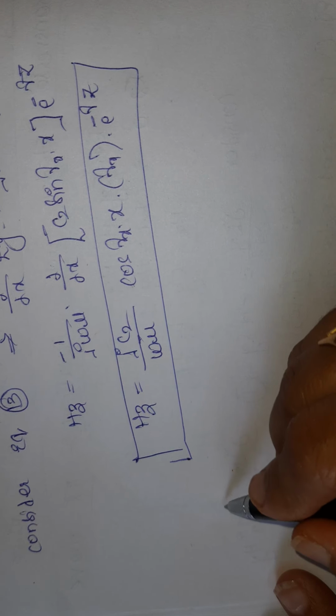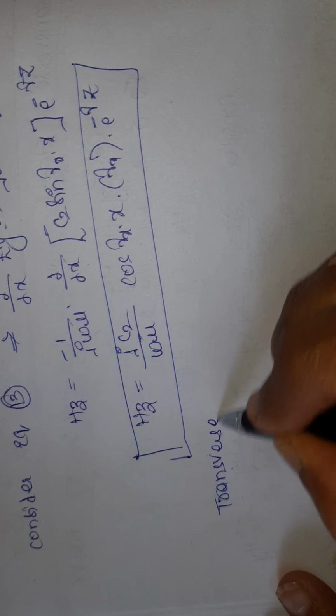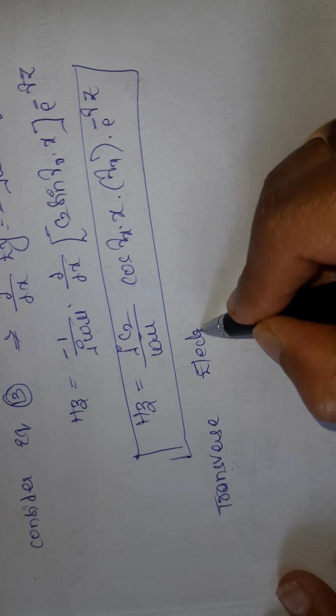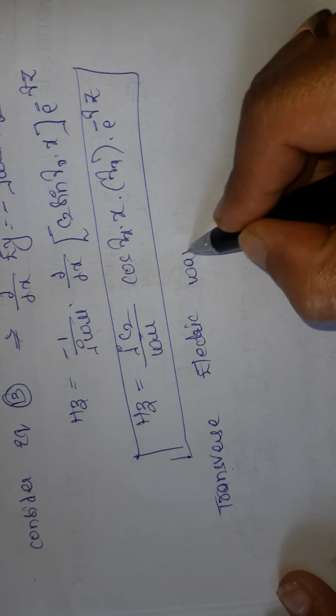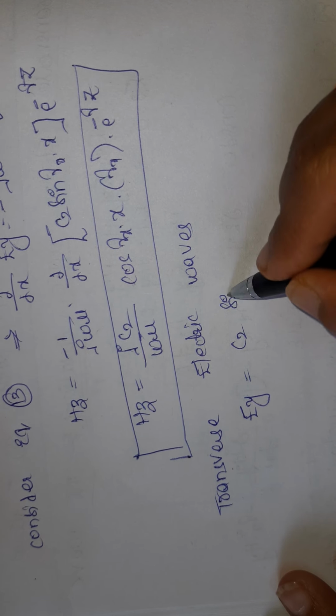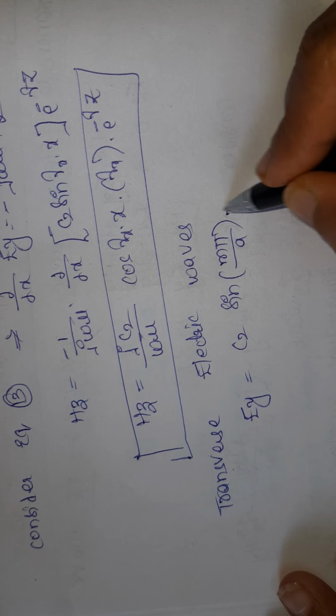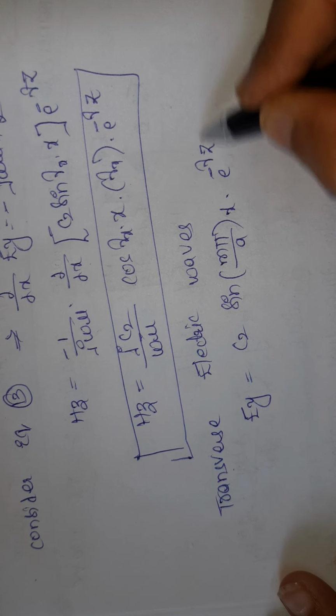So now just write down the final expressions. Transverse electric waves: Ey is equal to C2 sin of gamma x x, where gamma x is nothing but m pi by a, so sin m pi by a into x, into e power minus gamma z.